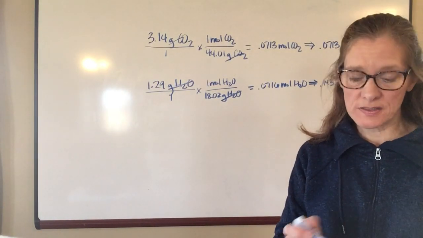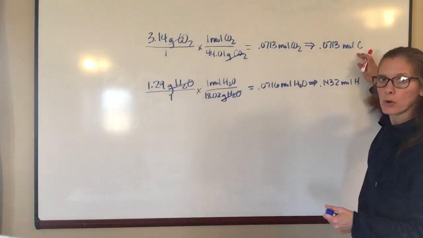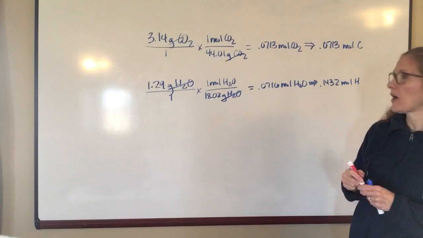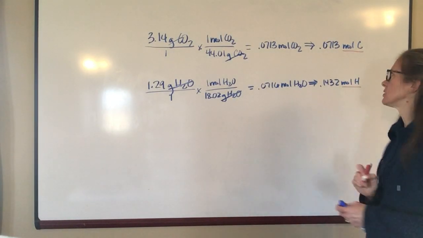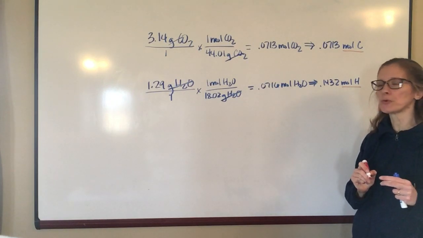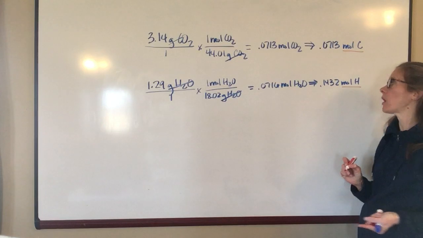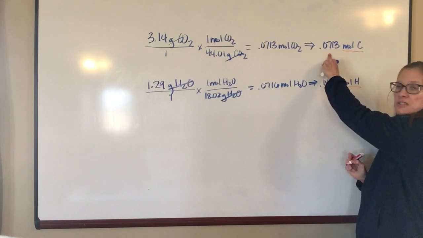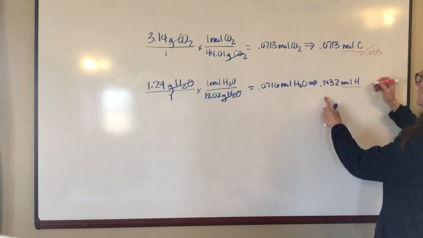Now, just like I did the last time, I now have a ratio of moles of carbon to moles of hydrogen. Okay, here's moles of carbon, here's moles of hydrogen. I want the simplest whole number ratio, so I'm going to look at these two numbers and say which one's smaller. Okay, this one obviously is smaller, so I'm going to divide everything through by this number.